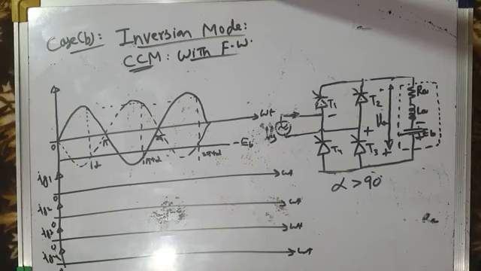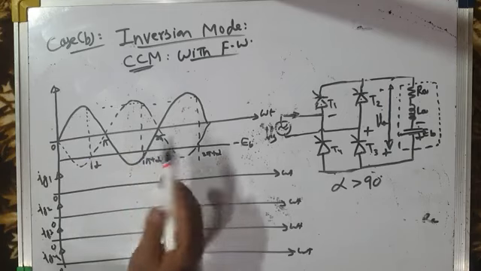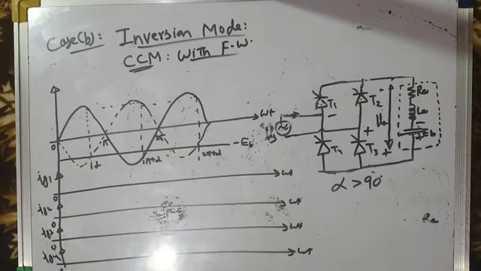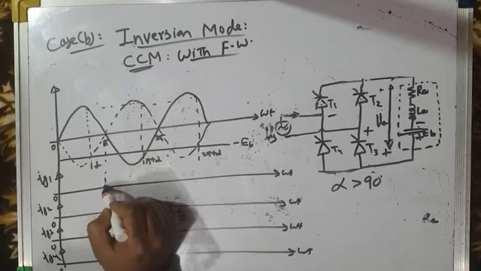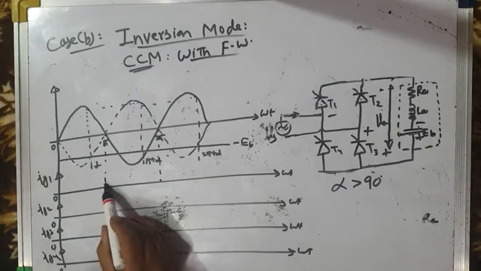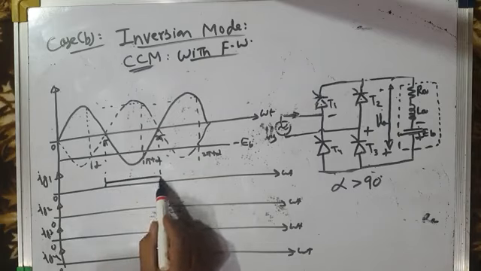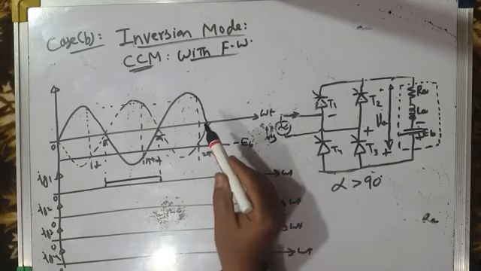For thyristor T1, the gating current pulse will get altered. It will not be from alpha to pi plus alpha, as was the case with rectification mode of operation. It will be from pi to 2 pi. Let me show you first. It will be from pi to 2 pi, and then 3 pi to 4 pi and so on.